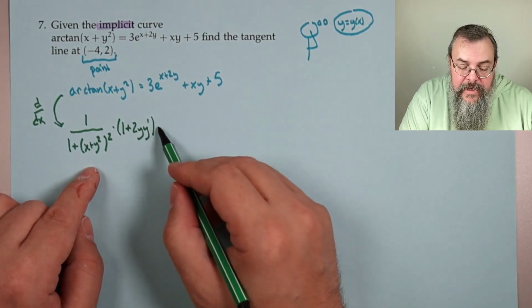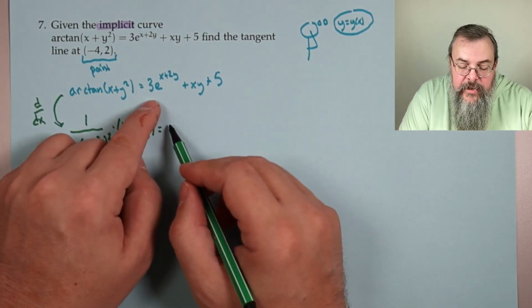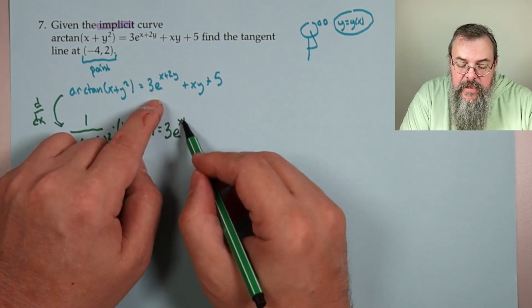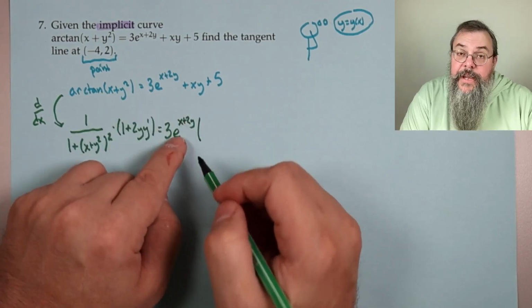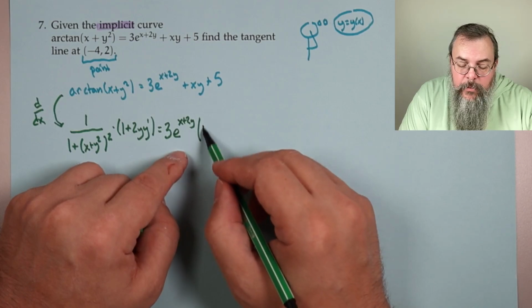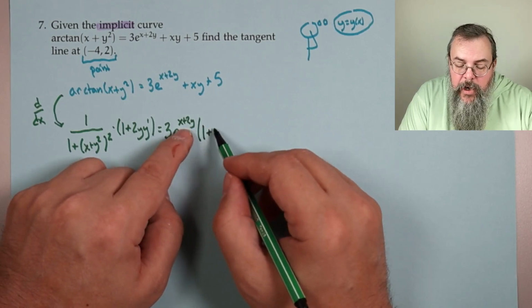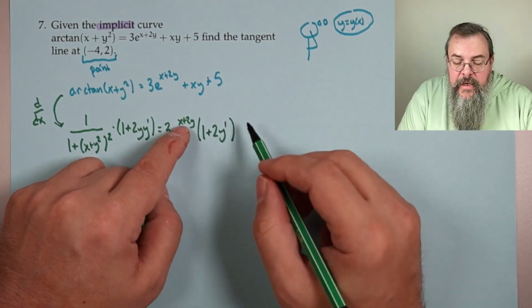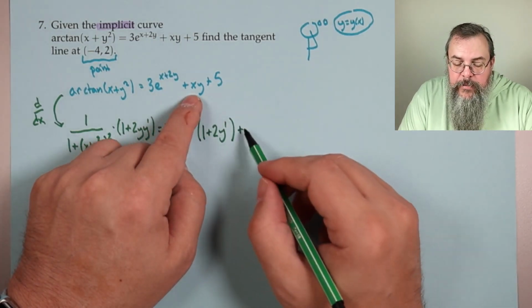Great. Equals 3, and then e to something is e to that something times the derivative of that something. So the derivative of x is 1, and then the derivative of 2y is 2 y prime. And now product rule, x times y.